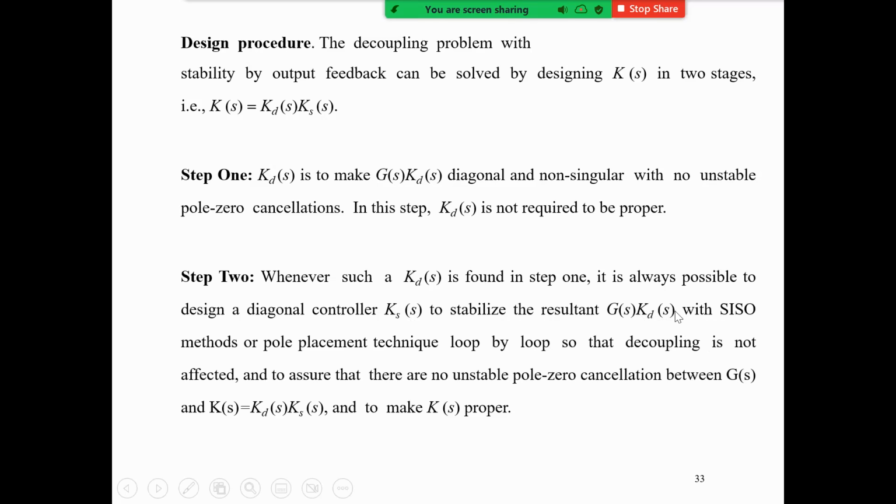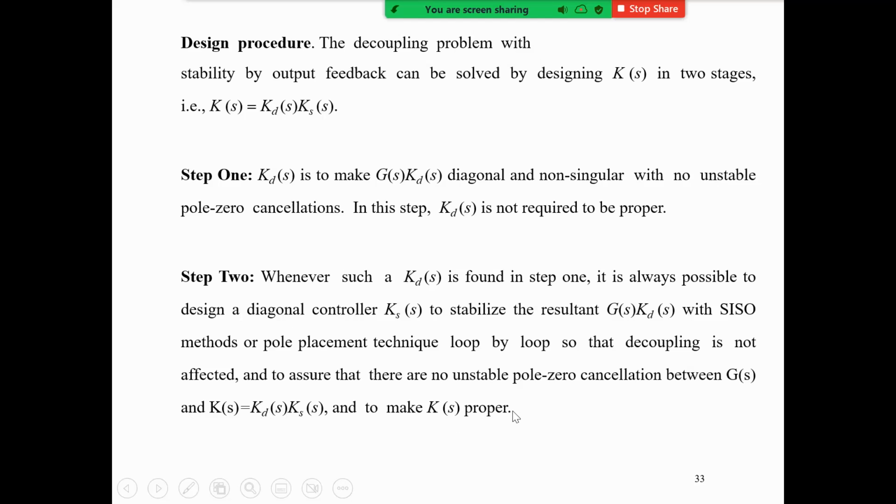You have learned that in the servo control, right? You can stabilize it one by one. Each one is just a single input case, for a single transfer function. You try to stabilize it. Okay, is that clear? So loop by loop we do it. So finally, this will be your final controller, KD times KS. You put them together.